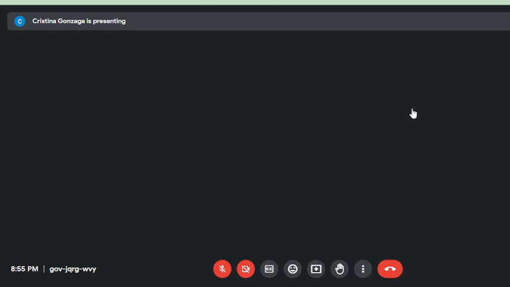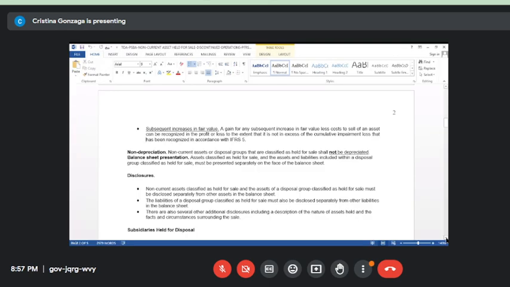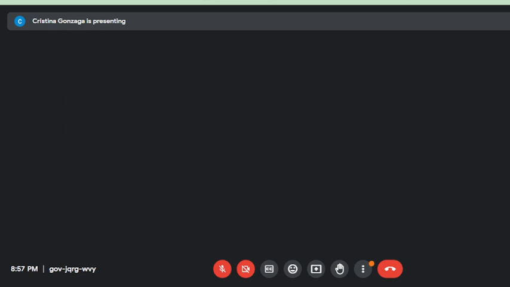Paano kapag nagkaroon ng subsequent increase in fair value? To the effect na mas mataas na ang fair value kesa doon sa carrying amount. Ibig sabihin, nakabawi yung fair value. And previously, nag-recognize ka ng impairment loss kasi mas mataas yung carrying amount mo kaysa doon sa fair value.